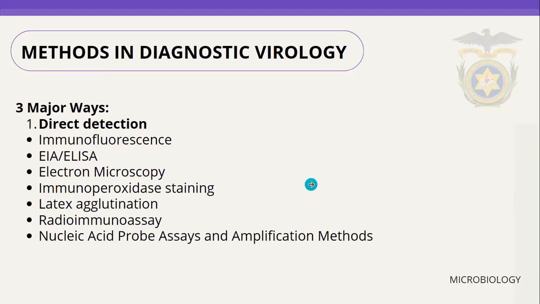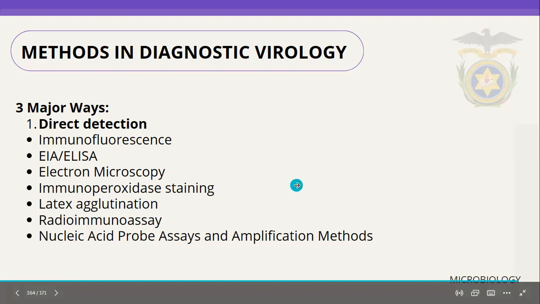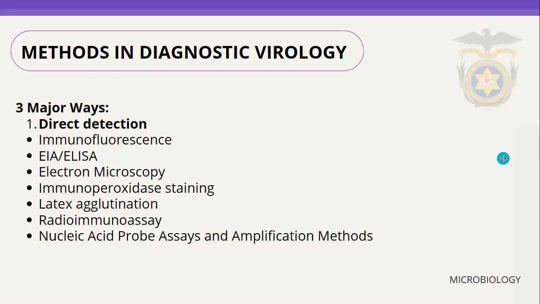So we also have three major ways we use in diagnostic virology. One is direct detection, wherein we use immunofluorescence, EIA or ELISA, electron microscopy, immunoperoxidase staining, latex agglutination, radioimmunoassay, and nucleic acid probe assays and amplification methods.